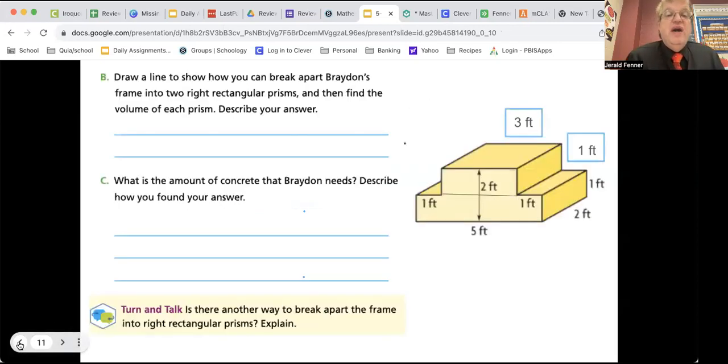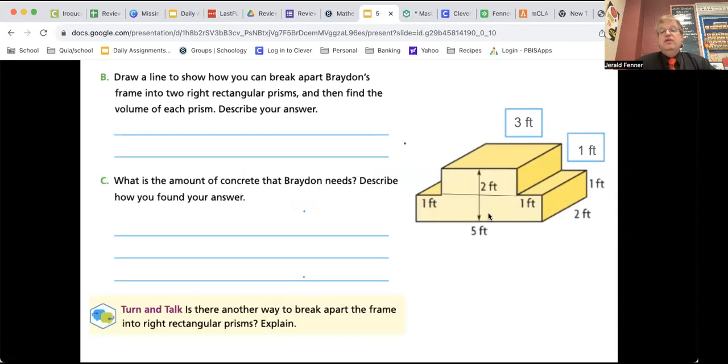Draw a line to show how you can break apart Brandon's frame into two rectangular prisms and then find a volume of each prism. Now, like I said, I think that this question should have been asked first, but what I like to do is find the length, width, and height. And I like to circle three numbers.